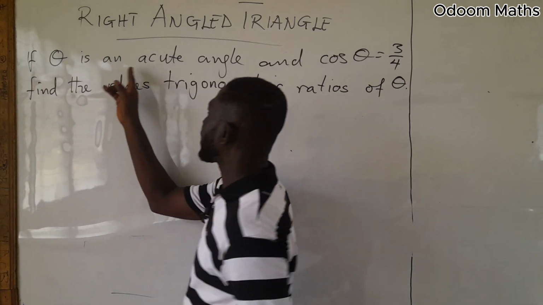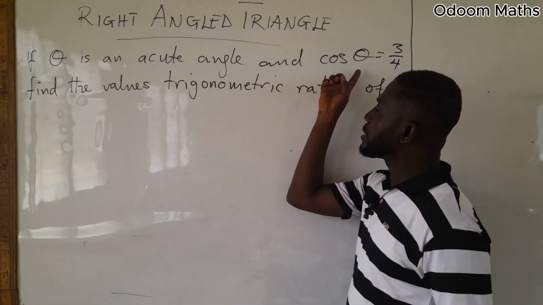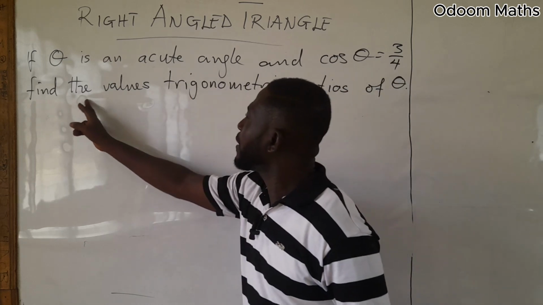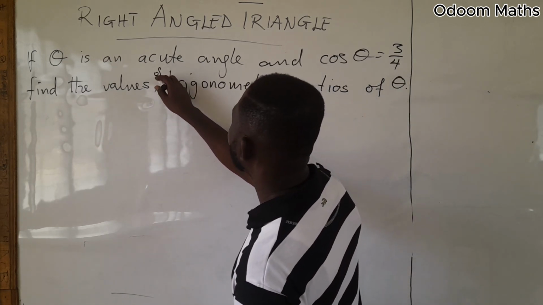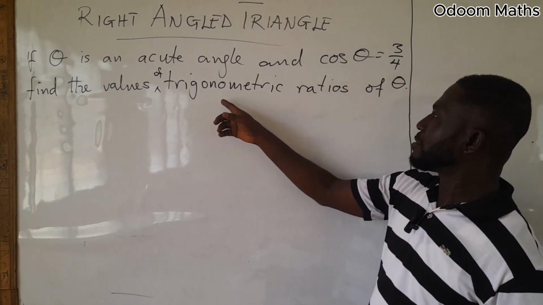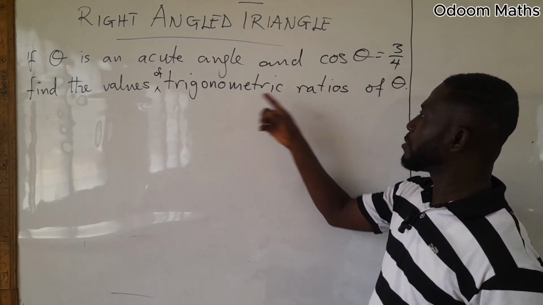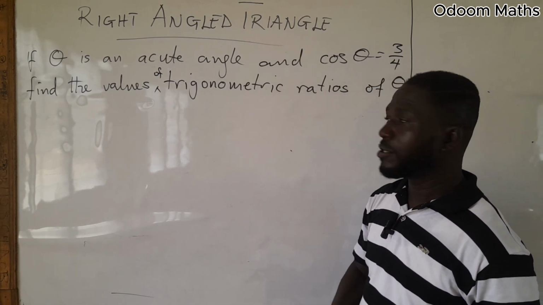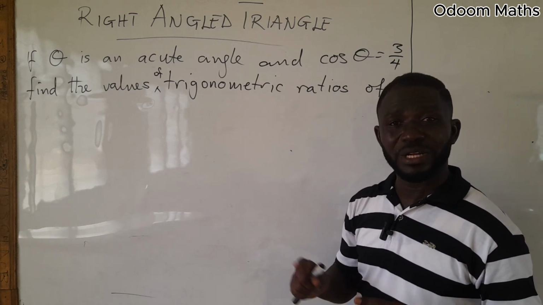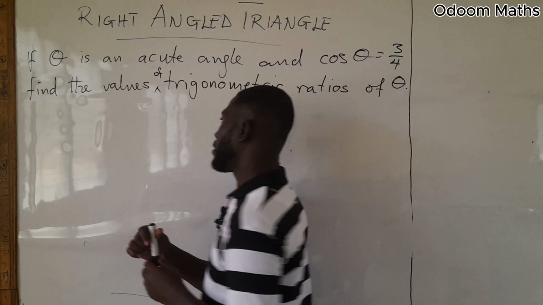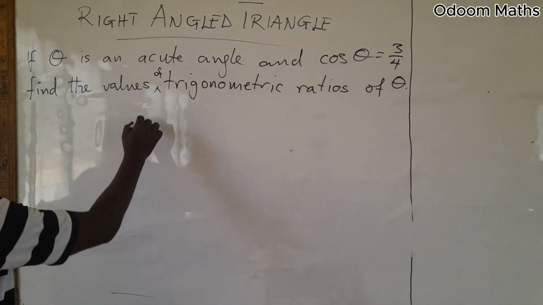If theta is an acute angle and cos theta is equal to 3 over 4, find the values of the trigonometric ratios of theta. Okay, so when such a question is given, the best thing for you is to draw the diagram, the right angle triangle. Let me draw my right angle triangle.